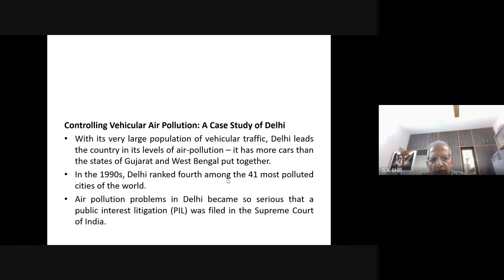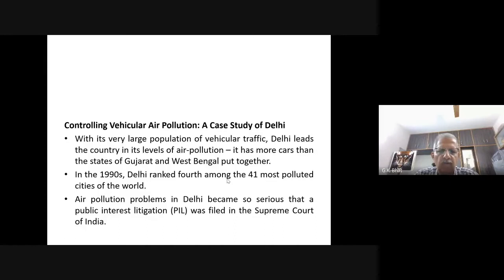It has more cars than the states of Gujarat or West Bengal. This is from almost 2000, because the book was written at that time. In the 1990s, Delhi ranked fourth among the 141 most polluted cities of the world. Of course, now it has ranked better. It is still more polluted than any other capitals in the world.